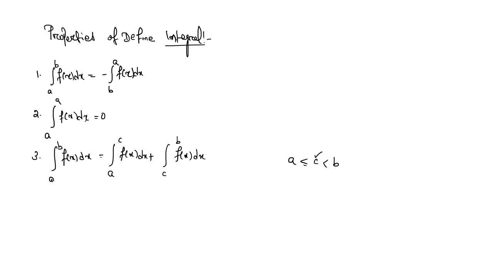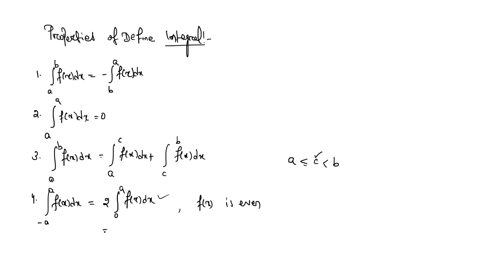Okay, then next go to the fourth property. If lower limit is minus a and upper limit is a, f of x dx, then this is written as 2 times 0 to a f of x dx. This is satisfied only if the function is even.